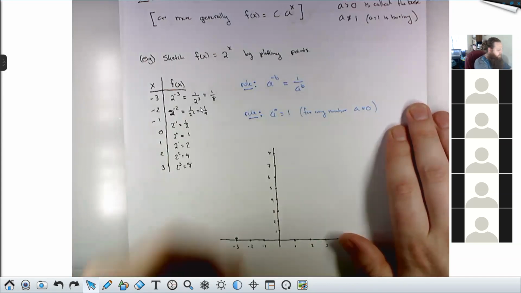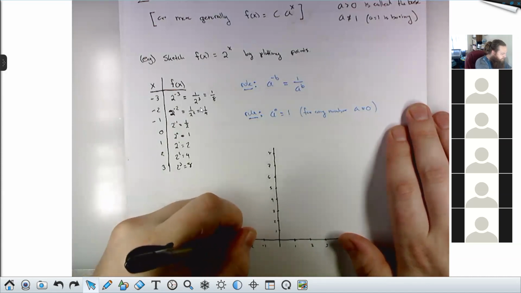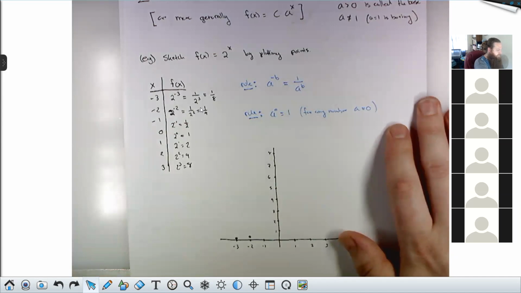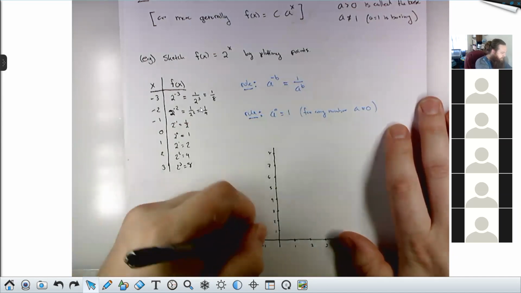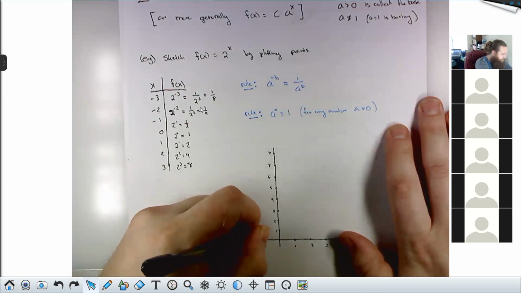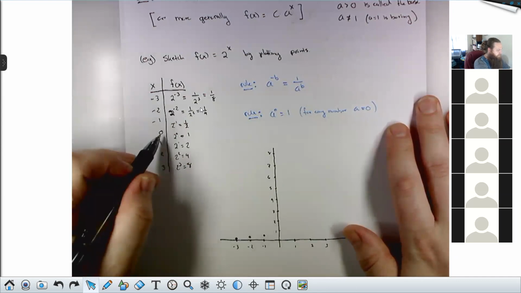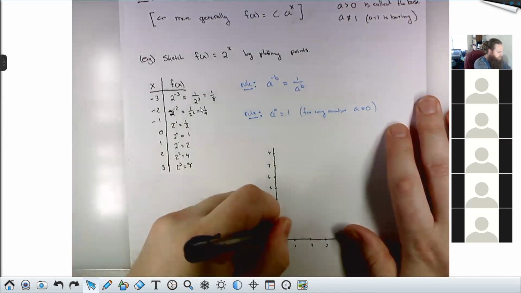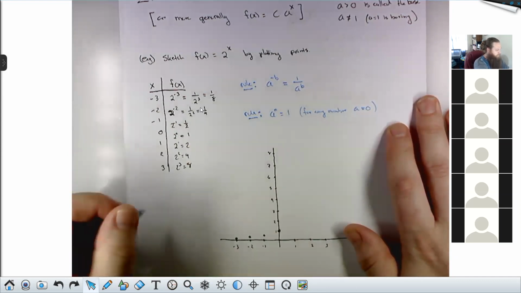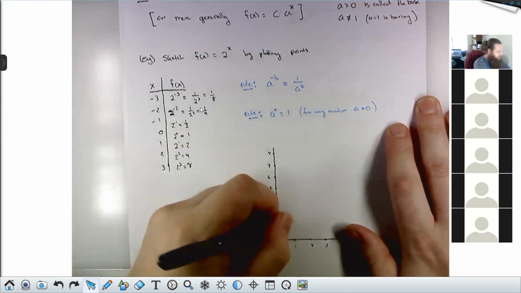When x is equal to -2, y is equal to 1/4, which is twice as tall, but twice as tall as tiny is still tiny. When x is equal to -1, y is equal to 1/2. So, okay, getting there. When x is equal to 0, y is equal to positive 1. When x is equal to 1, y is equal to 2.